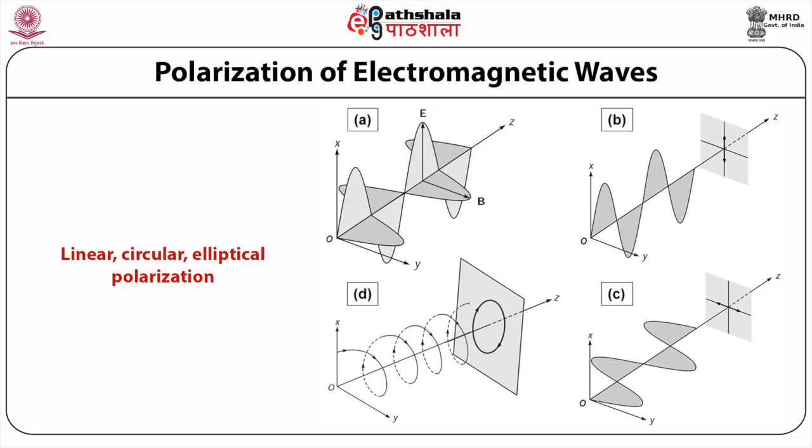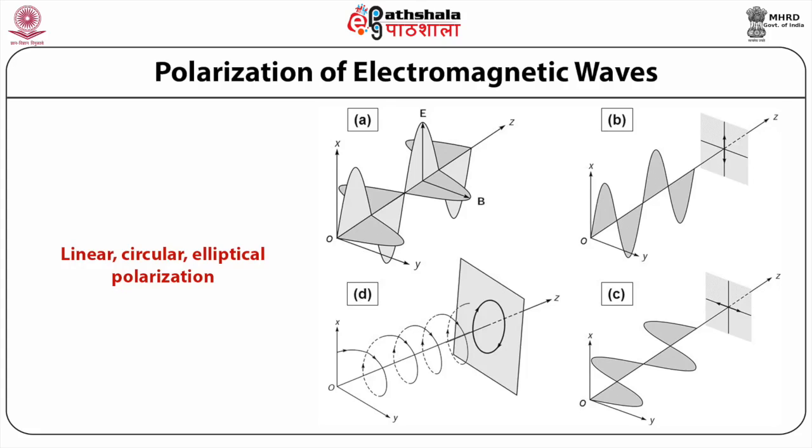In picture C, we have Y polarized light, and in picture D, we have circularly polarized light, meaning the electric field component of the light is oscillating always in a plane which is perpendicular to the direction Z of propagation of light or electromagnetic waves.